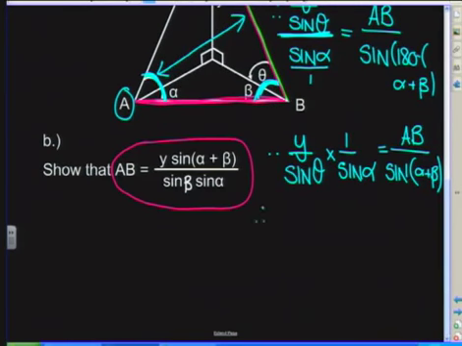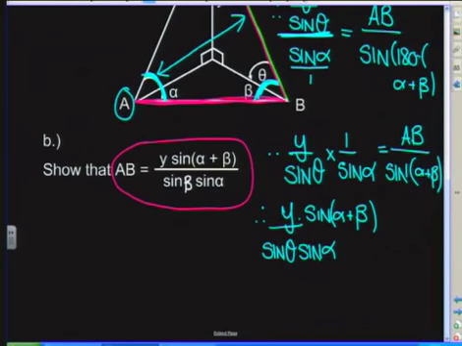Right, let's tidy up. I've got y over, that's going to be sine theta sine alpha, and I'm going to bring the sine of alpha plus beta up onto the other side, and that's equal to AB.